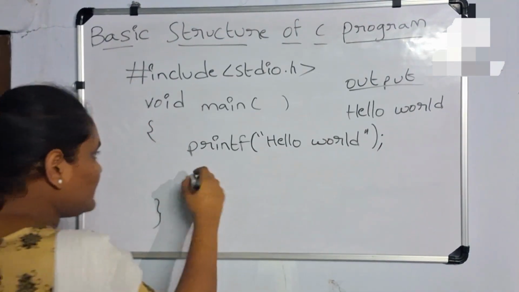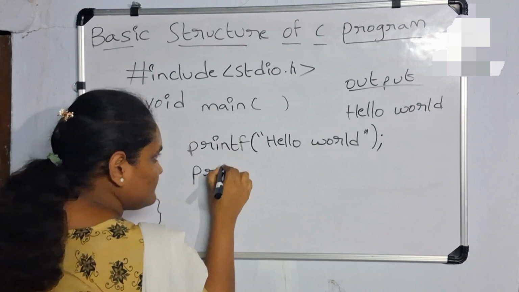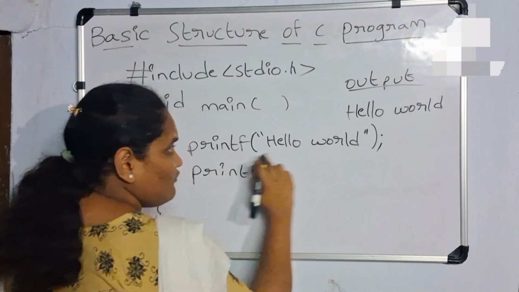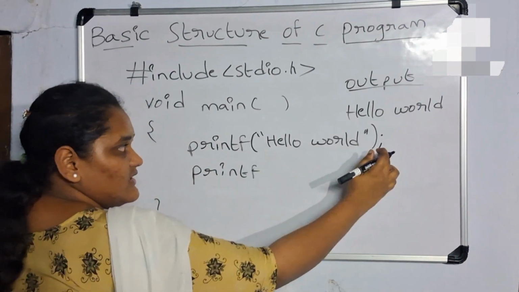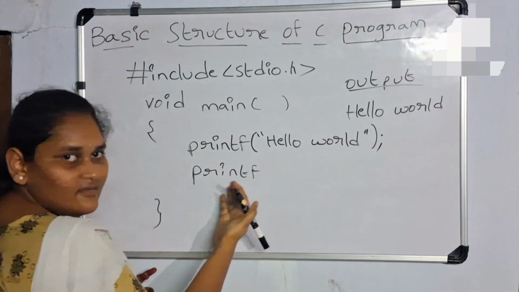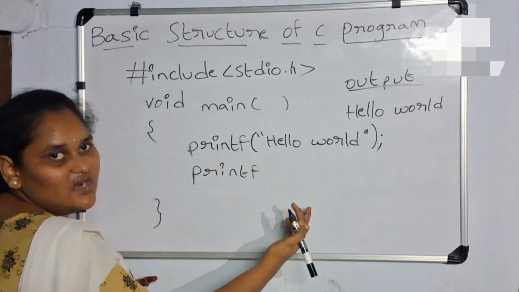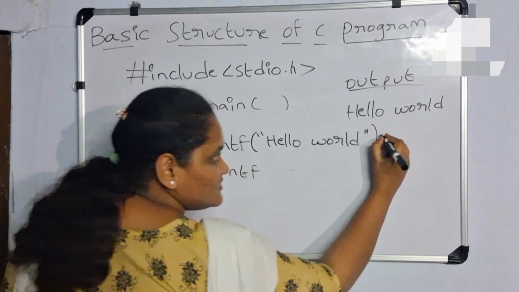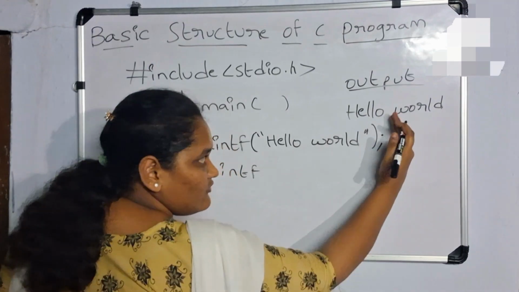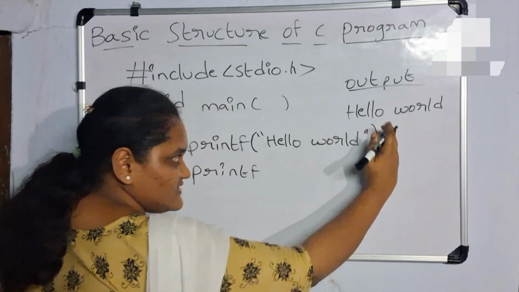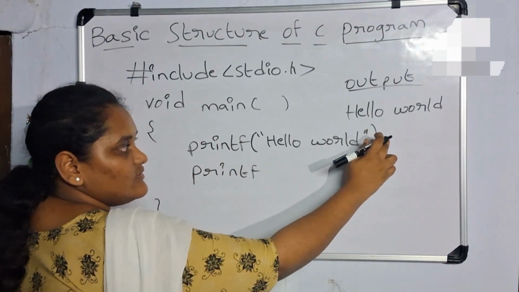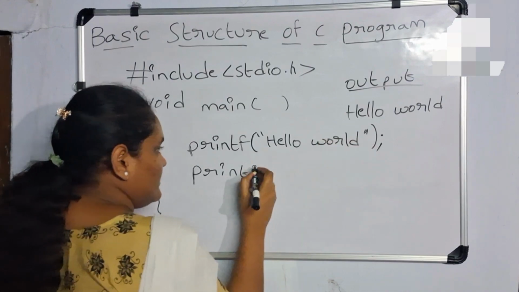So if we write another printf function here, the compiler should know where this line is ending and where the next line of code is starting. So for the break of this line of code, we'll keep a semicolon.